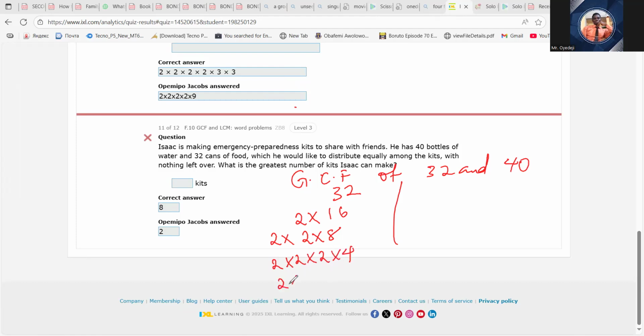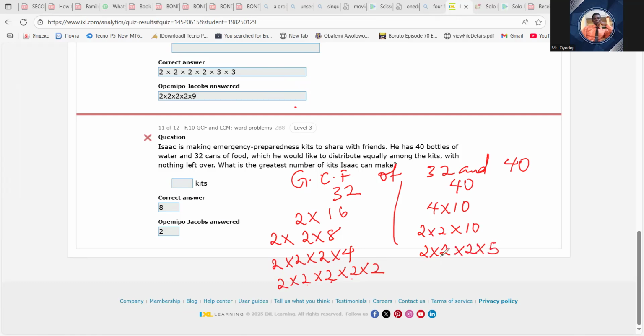Further, 2 times 2 times 2 times 2 times 2. 2 times 2, 4. 4 times 2, 8. 8 times 2, 16. 16 times 2, 32. Then the 40, we have 4 times 10. That's 2 times 2 times 10. That's 2 times 2 times 2 times 5.